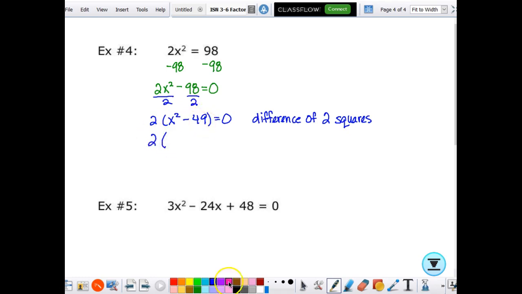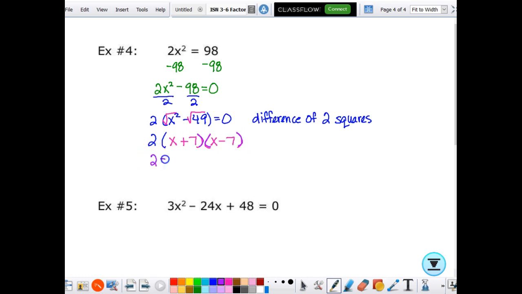You take the square root of both sides. The square root of x squared is x, the square root of 49 is 7. And one's a plus and one's a minus. Super easy to factor those. I'll show you some more examples in just a minute.